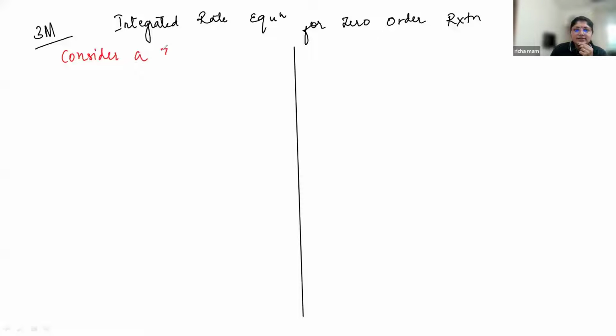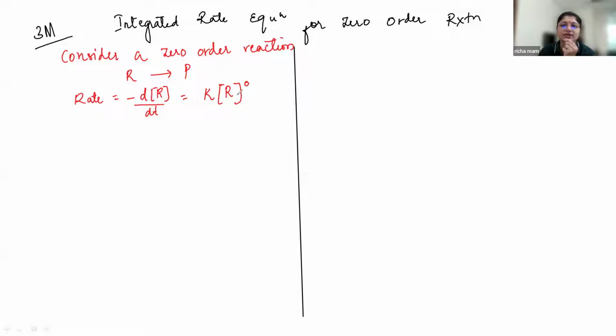We know that reactants will give you products. What is the rate of a zero order reaction? It is given as minus d concentration of R by dt, which equals k, the rate constant, into concentration of R raised to zero. So this is our zero order reaction.